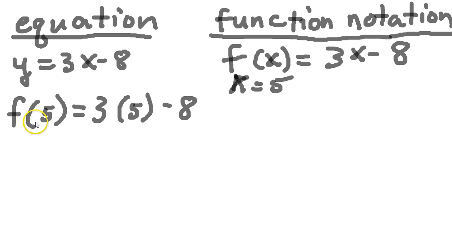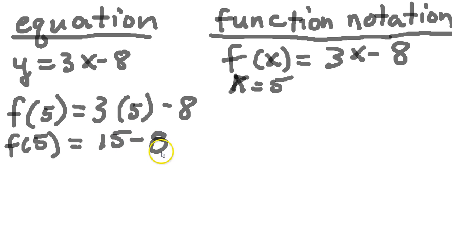Now all we have to do is solve the right side. So f of 5 equals 3 times 5 is 15, minus 8. So f of 5 equals 7.